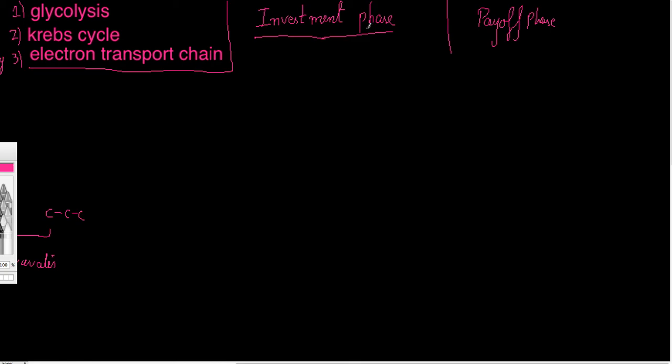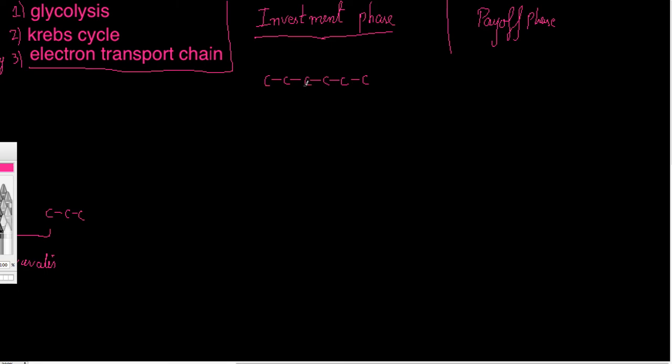So basically in this phase, as you can get a little bit of an idea, we are investing. So what are we investing here, Shayan? Tell me more. Well, what we are doing here is we're taking a glucose molecule, 1, 2, 3, 4, 5, 6. I'm drawing it in a straight line because it would be easier for me to explain.